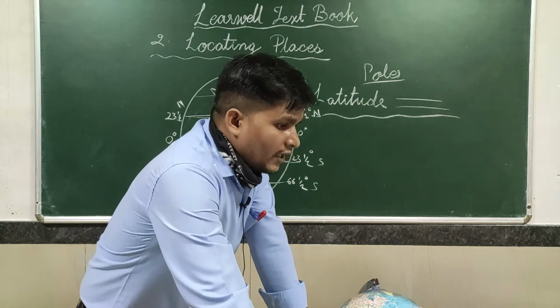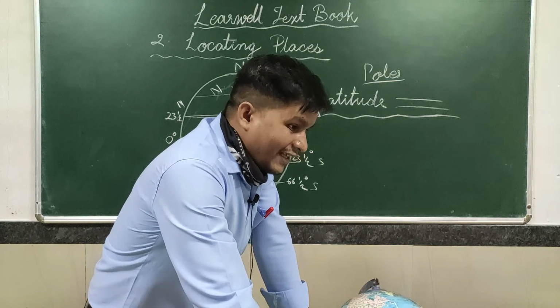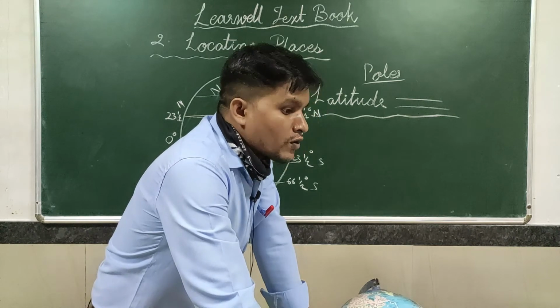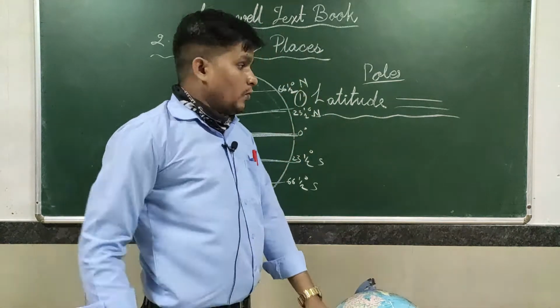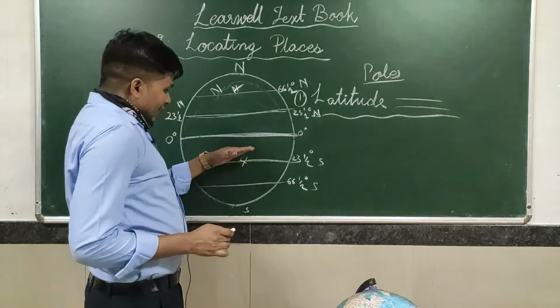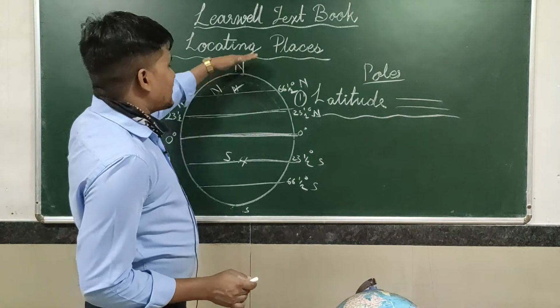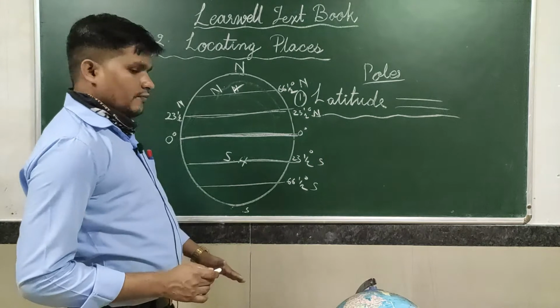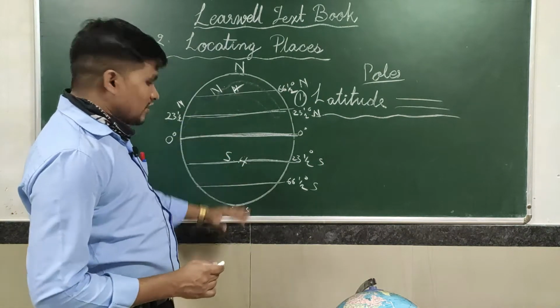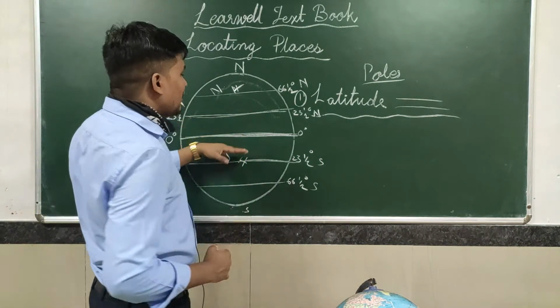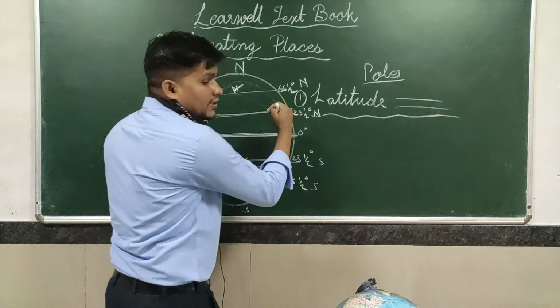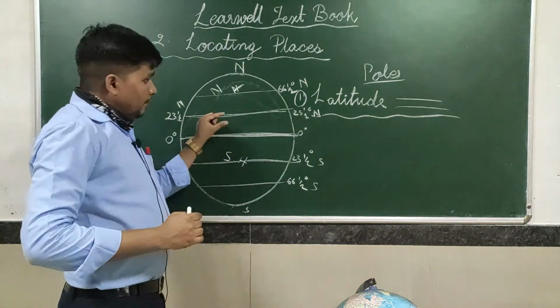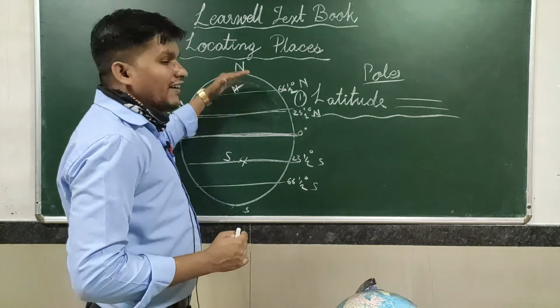The length of these parallel lines keeps on decreasing as we move away from the equator towards the poles. First point: whenever you go to the north side or the south side, toward either pole, the length of the latitude gradually decreases.